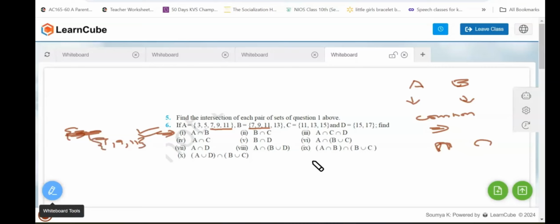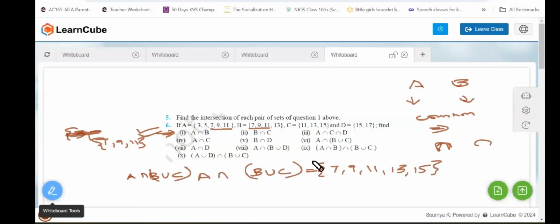Same way you have to do B intersection C. Take these two elements into consideration. Question is B union A intersection B union C. So first find out what is B union C. B union C will be 7, 9, 11, 13 and 15 since it is union. Now A intersection B union C should give you the common elements from both the sets.